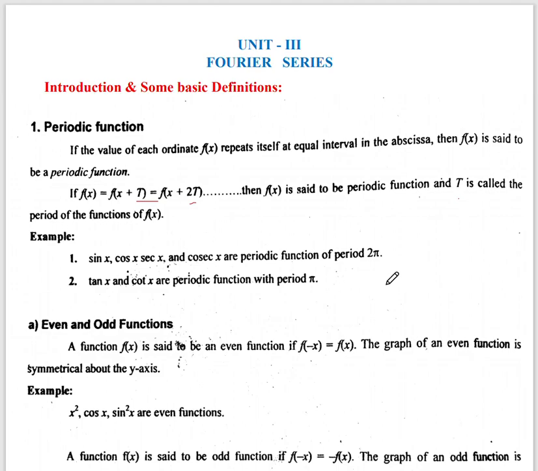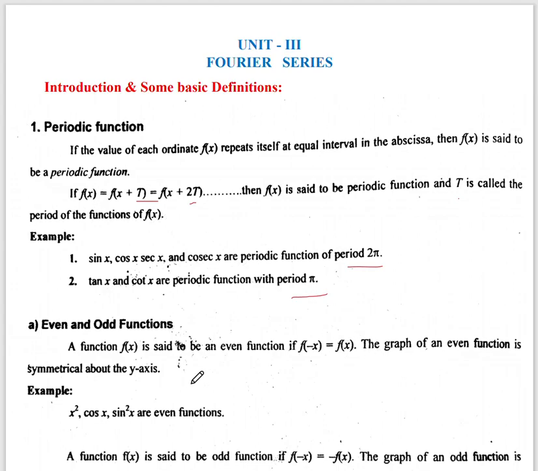The second example is tan x and cot x, which are periodic functions with period pi. So sin x, cos x, sec x and cosec x repeat after the period 2 pi, and tan x and cot x repeat after pi. So this is the periodic function definition.